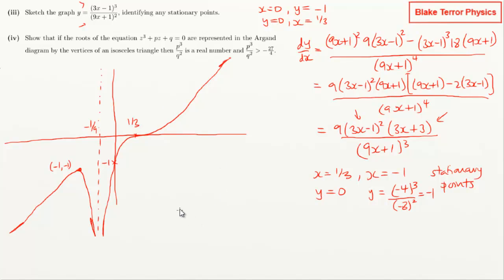I mean, if I was going to expand all this out, what am I going to get? 27x cubed minus 27x squared. Then it'd be plus, yeah, we'd have 2 minus 1, so we'd have a 3 and a 3, so plus 9x and a minus 1. And then that would be over 81x squared plus 18x plus 1.